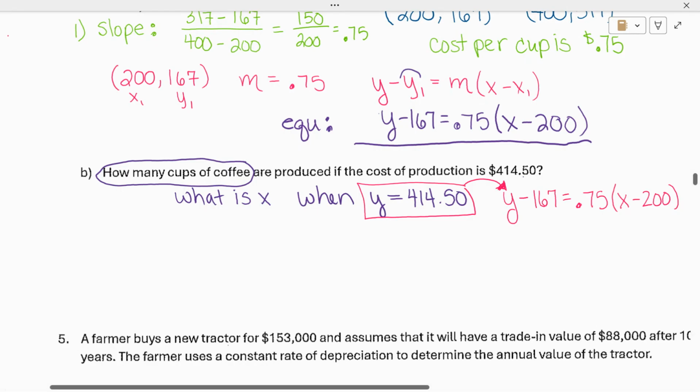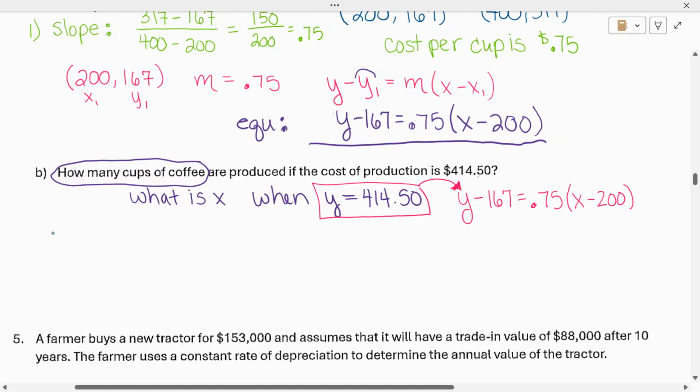We're just going to replace the y in the equation so that we can solve for x. That gives me $414.50 minus 167 equals 0.75 times x minus 200.